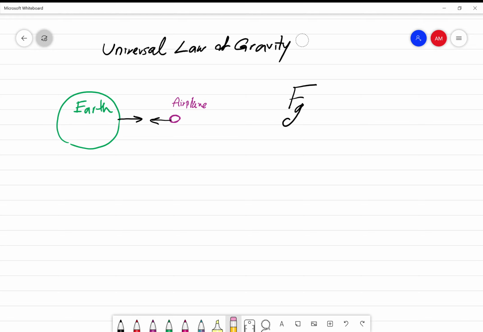Okay, so I should say the name of the law is gravitational. The force of gravity between any two objects that exist in the universe is equal to the number G, which is a constant number, times mass of object number 1 times mass of object number 2 divided by the distance between them squared.